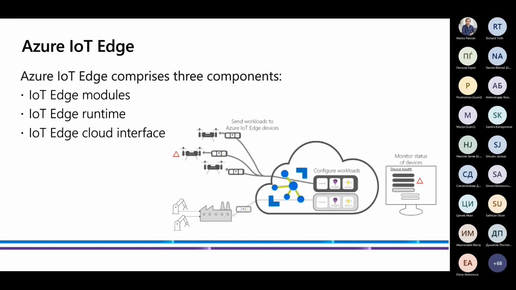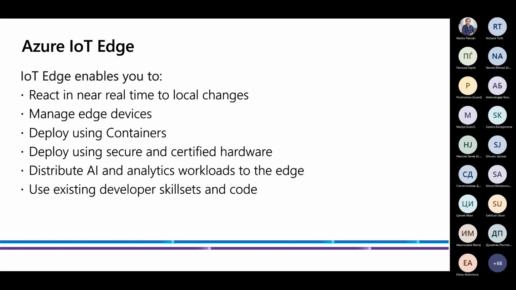IoT Edge uses the model to process data locally and respond quickly to the event. It allows us to use languages such as C, C#, Java, Node.js, Python, etc.